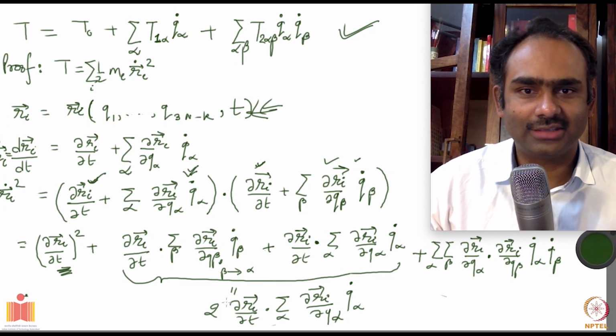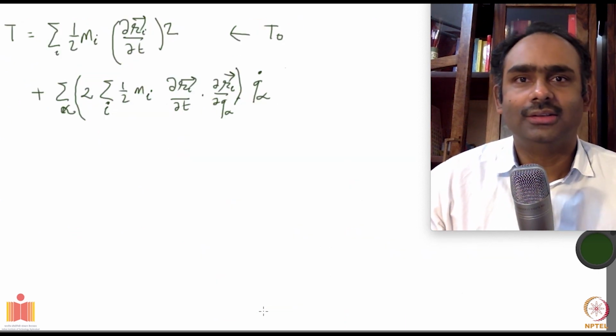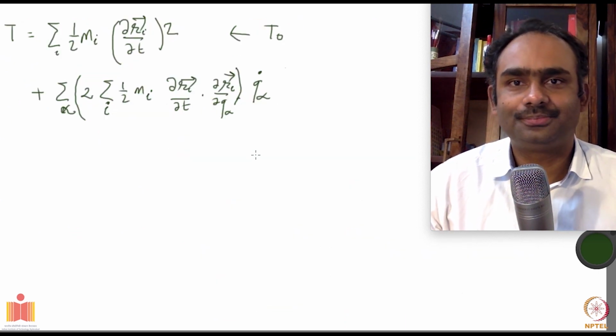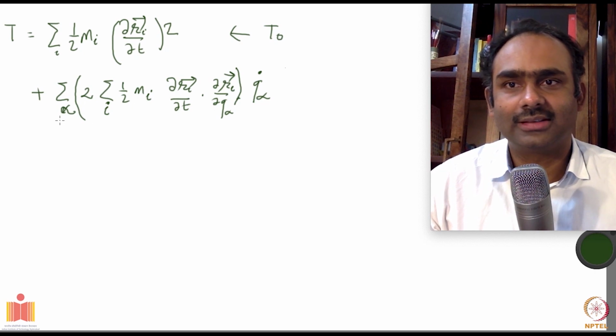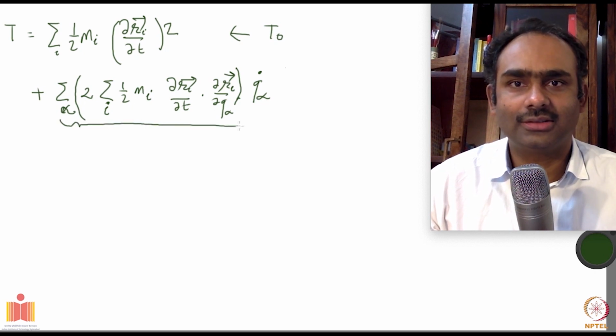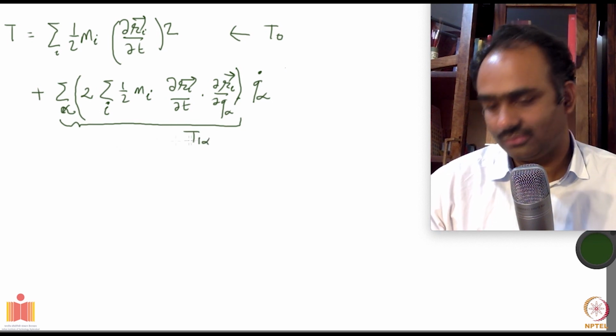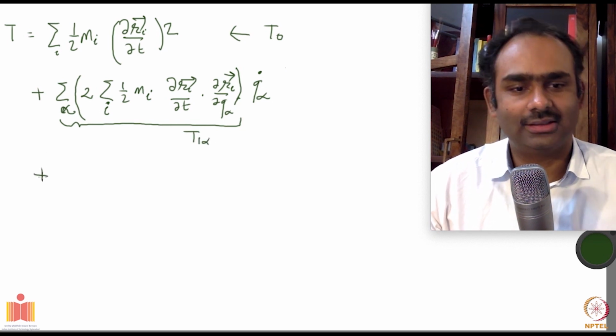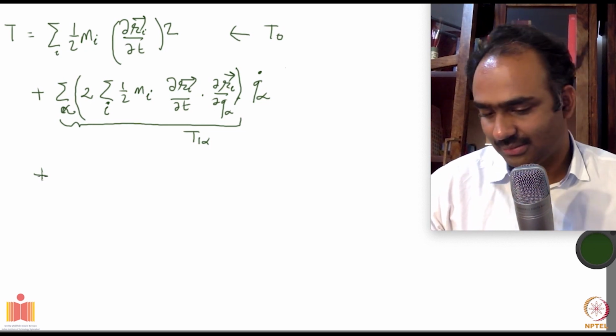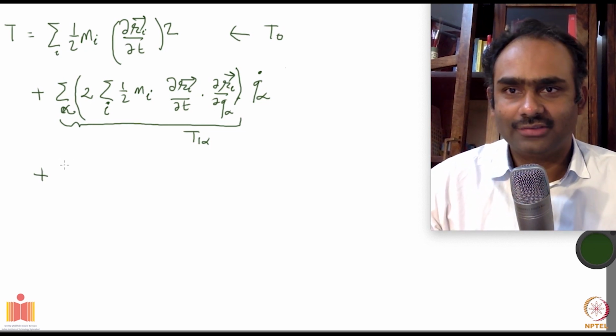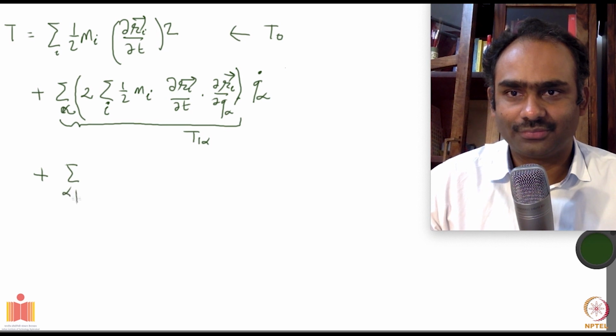This summation I have pulled out and the sigma over i I have pulled in. So this entire thing is your T1 alpha.